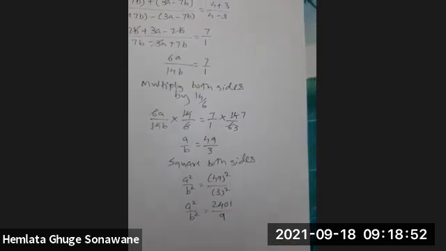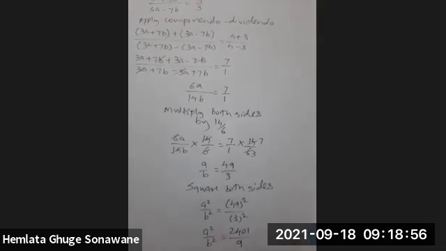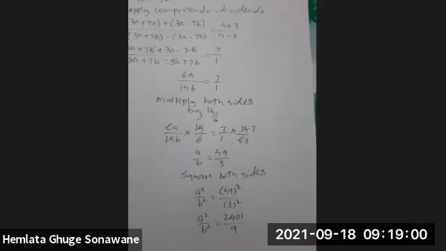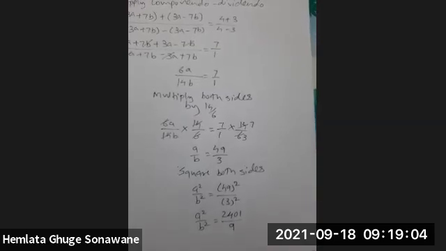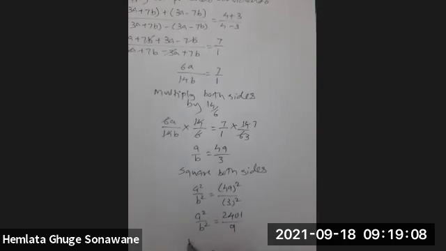Now here we'll multiply both the sides by 3 upon 7. Why? Because in our example, we have to find out 3a square minus 7b square. So we'll multiply both the sides by 3 upon 7.